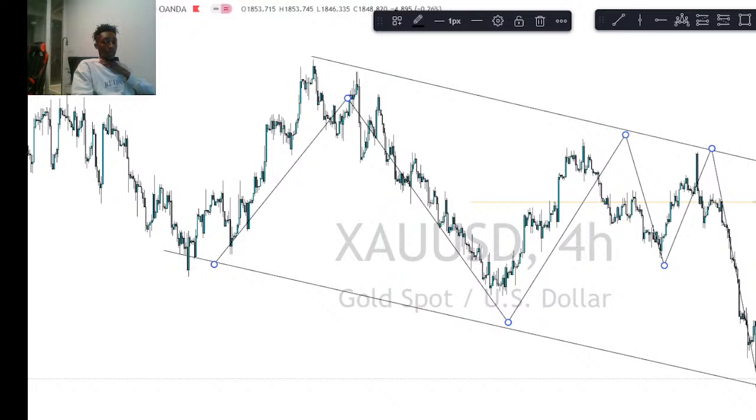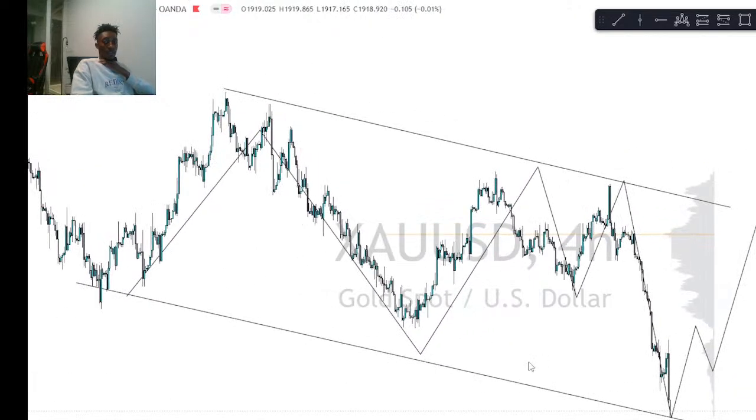If you can see the market clearly, please also say so. You can just type in the comment section if you can see the market clearly, before we can move.